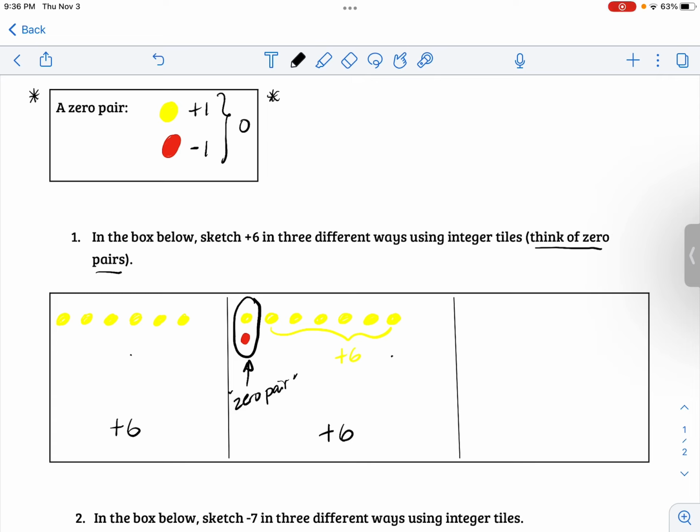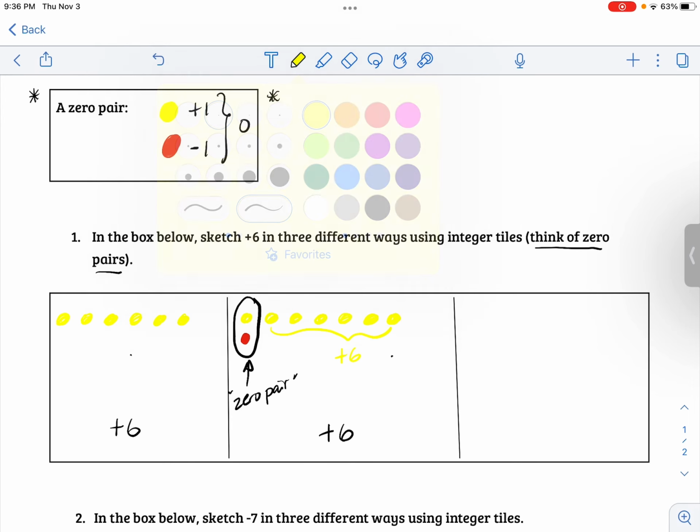Now, I challenge you, think of a different way that you can represent positive 6. So pause the recording and use maybe multiple zero pairs to represent positive 6 and see what you come up with. Well, I'm going to continue here. So I'm going to maybe do 2 zero pairs instead.